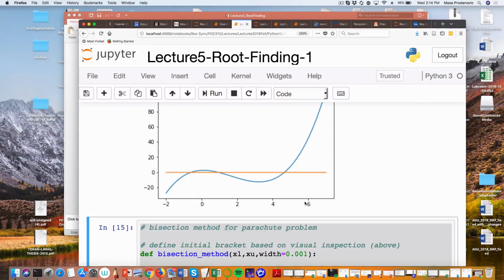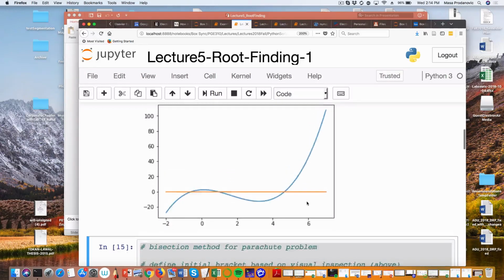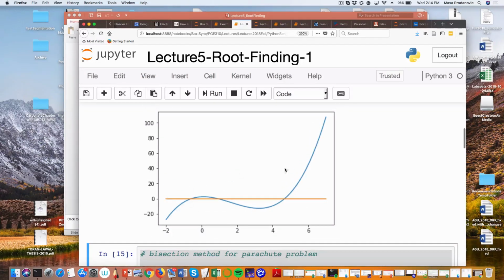And then if I was doing the bisection method and I ran -2 to 6, what would be my next interval based on the bisection method? What is the midpoint between -2 and 6? 2, right?